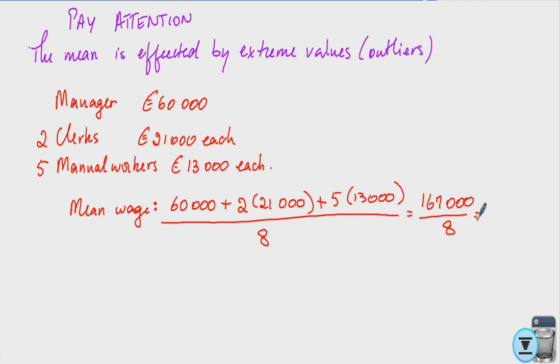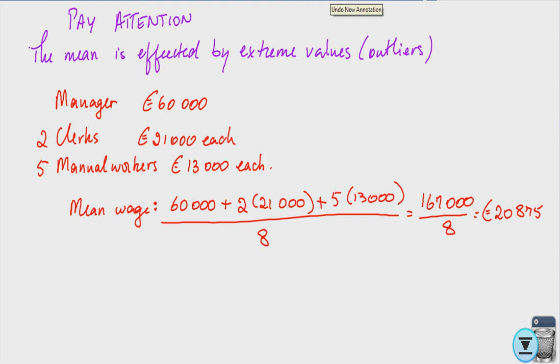Dividing 167,000 by 8 gives a mean wage of 20,875. So when I am advertising my company, I say you should come to work at my company because my workers are very well paid. The mean wage is 20,875.